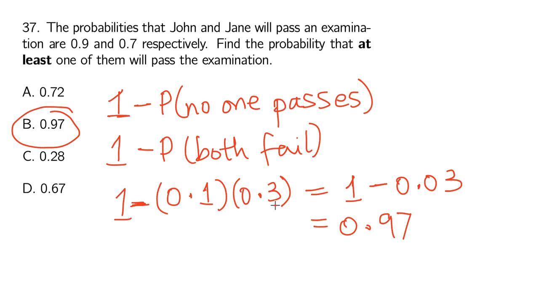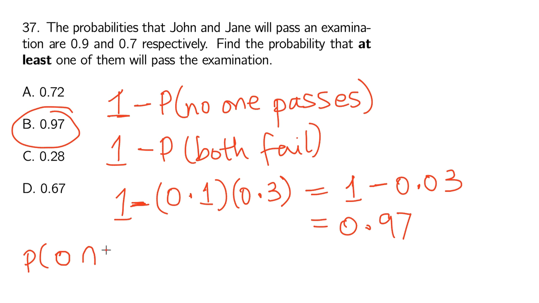Of course, we've assumed that the events are independent, but without that assumption, this problem cannot be solved. If you want to find the probability that both fail, that probability is the probability that John fails. Let's call that probability O, the probability that John fails.